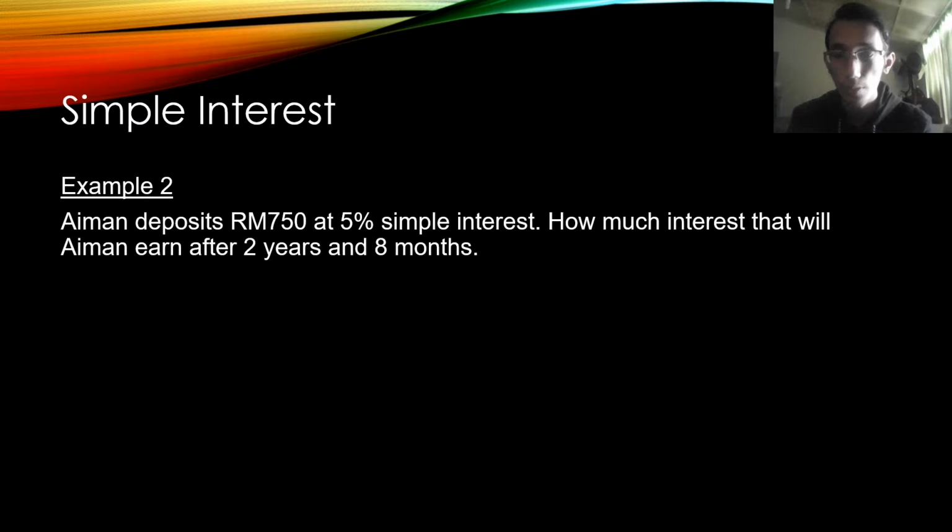For example 2, Aiman deposits 750 ringgit at 5% simple interest. How much interest will Aiman earn after 2 years and 8 months?